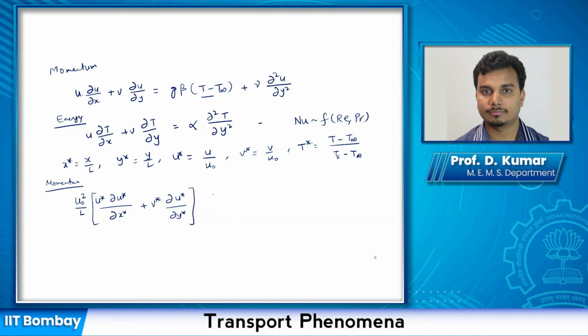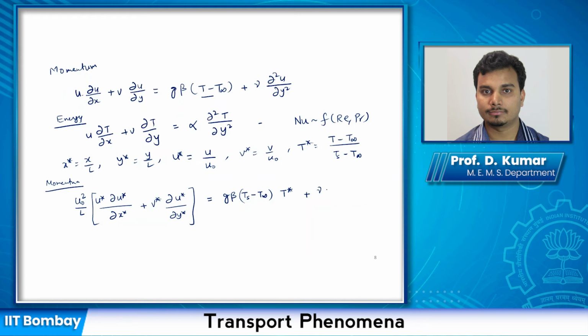Okay, and over here this side, this will be g beta t minus t infinity, essentially ts minus t infinity, and then you will have t star. Okay, yeah, so and then this will be nu.